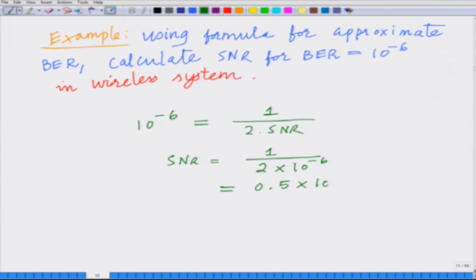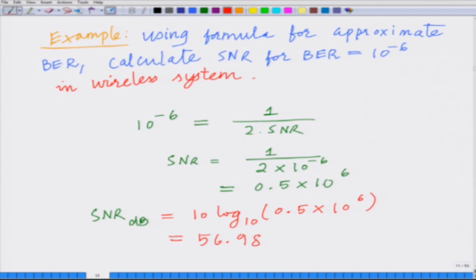And the SNR in dB equals 10 log 10 of 0.5 into 10 to the power of 6, which is equal to 56.98, that is approximately equal to 57 dB. So, this is the same answer that we get for the dB SNR that is required to achieve a bit error rate of 10 to the power of minus 6 in a wireless communication system.